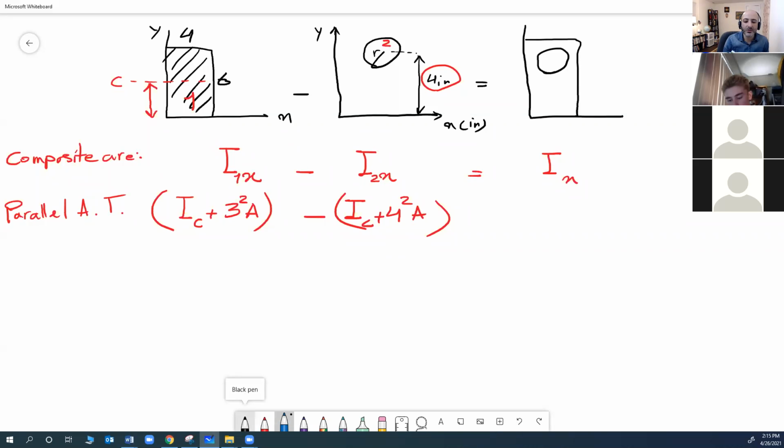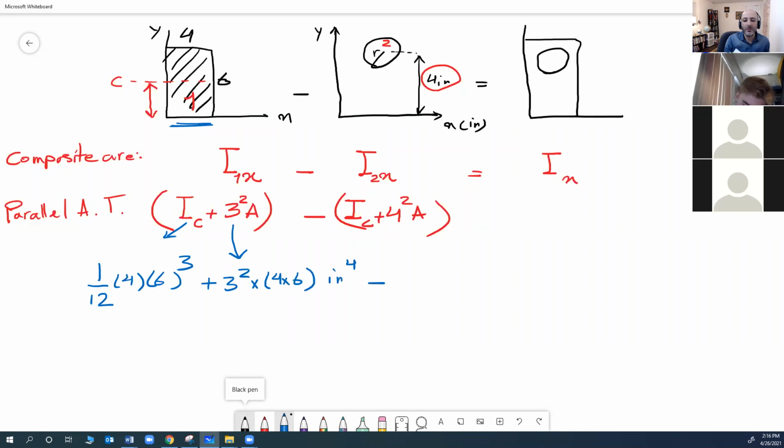So now all I have to do is plug the numbers in. This one is 1/12, the base, which is 4, multiplied by 6 to the power of 3. This is I. And the area is 4 by 6. These are all inch to the 4, minus I of this one about centroid, 1/4 pi 1 to the 4 plus area. What is the area of a circle?